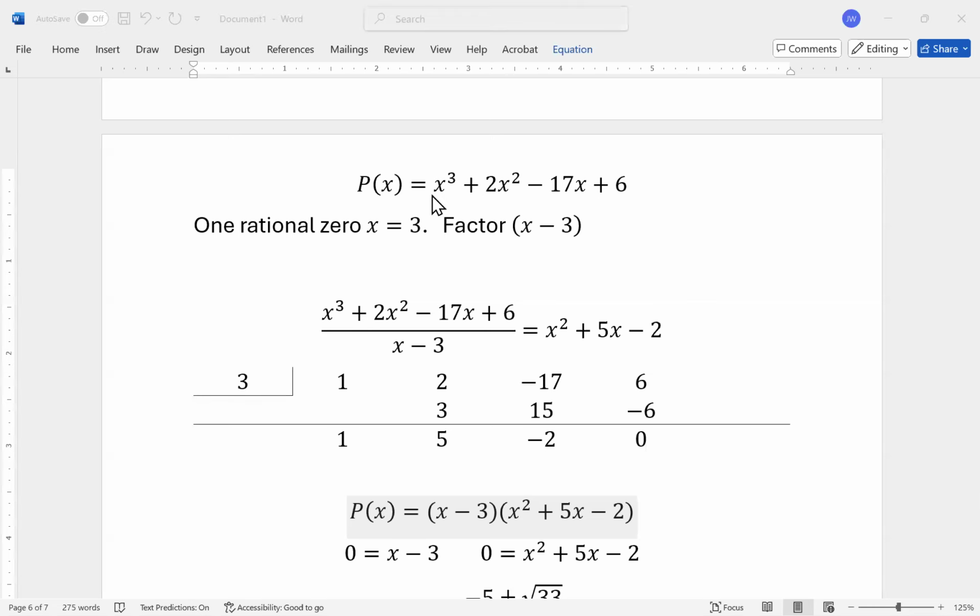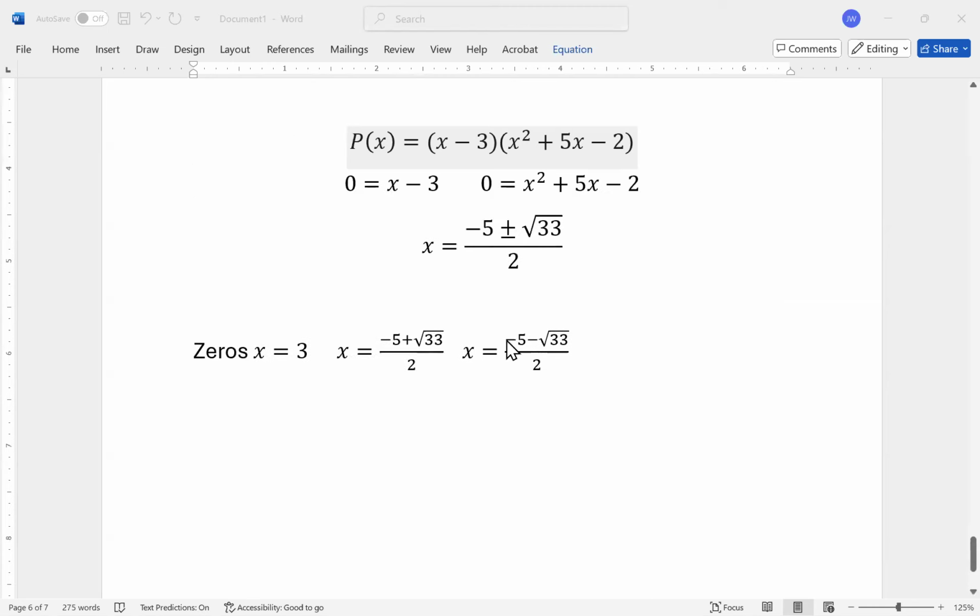By the way, you may notice that with these integer coefficients of my polynomial, the irrational zeros also came out in sort of an irrational conjugate pair. This is not a complex conjugate, but they're kind of irrational conjugate pairs.